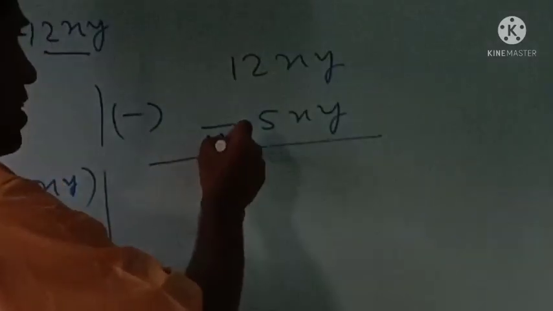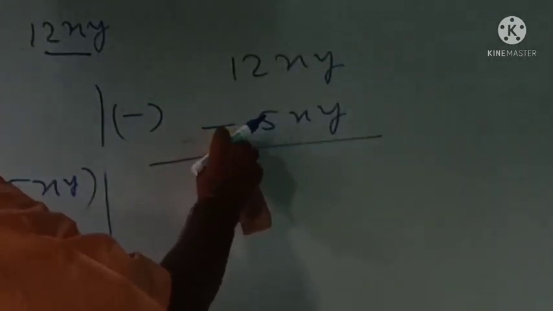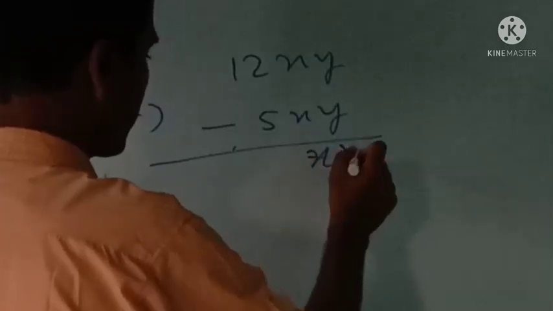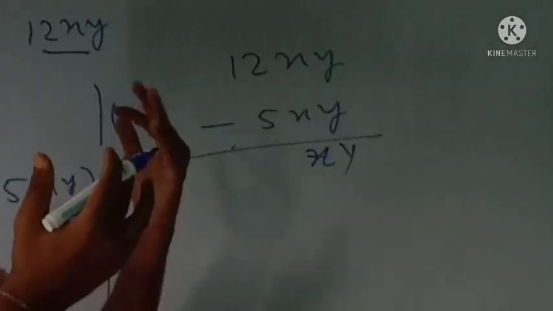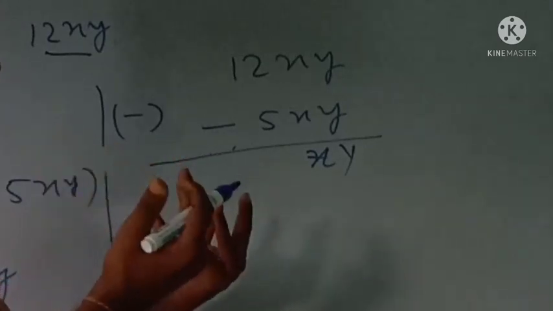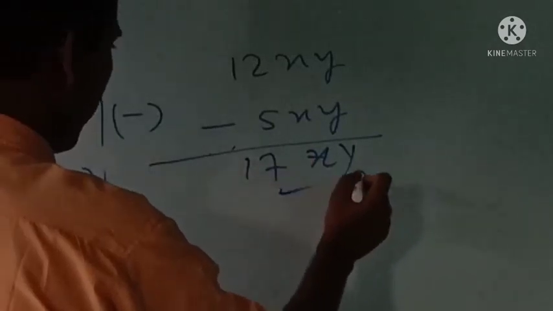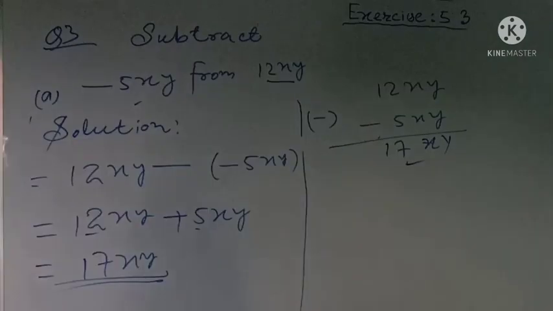Since it's minus, imagine it not as minus but as plus. So 12 plus 5, 17xy. Getting me? It's very simple.